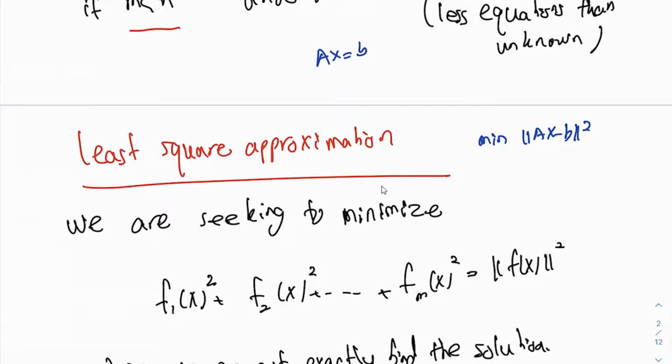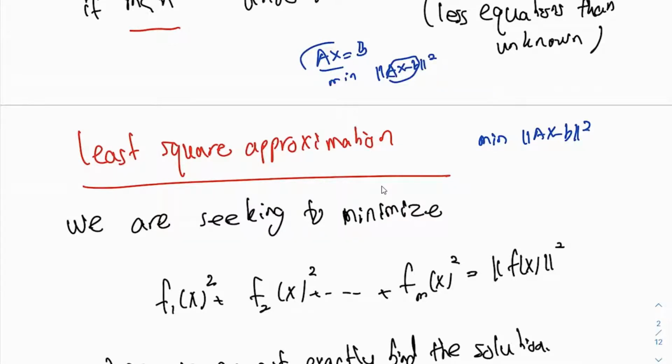So we find this quantity Ax minus b and minimize its norm. It's like a residual. We try to minimize the distance between Ax and b. Ax is a vector and b is a vector. We want to find the x such that the Euclidean distance between Ax and b is minimized.